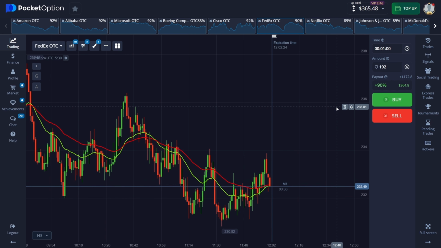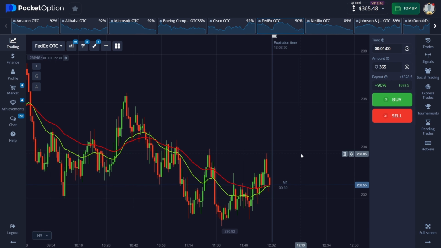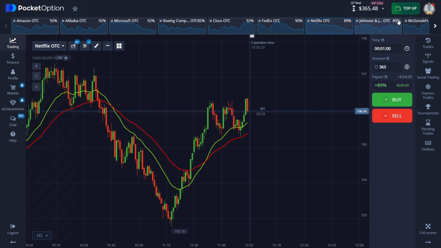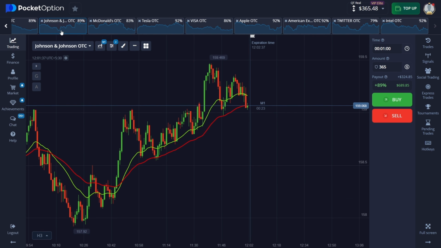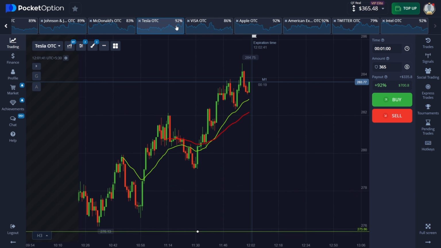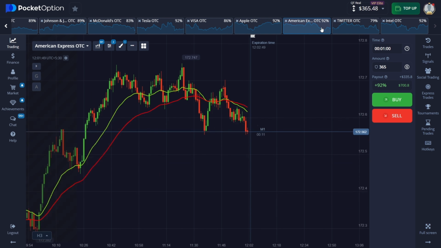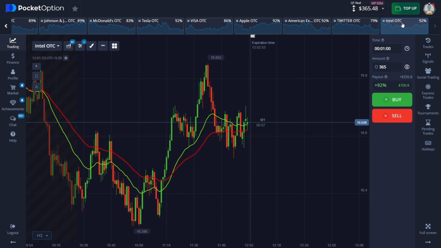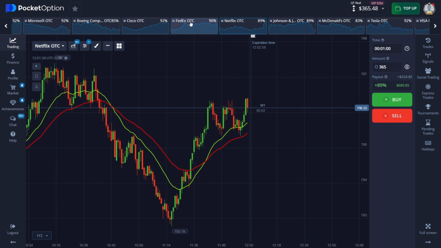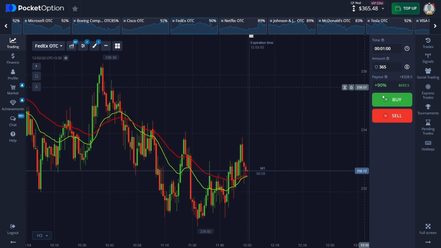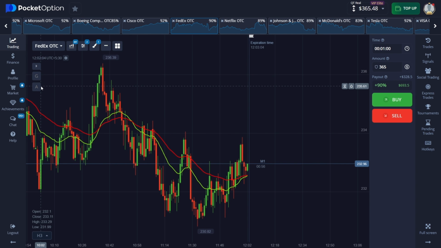So let's find a trade for $365. The candle is taking support exactly from EMA 50 on FedEx, so let's find another trade. Again, we could try FedEx, but the candle has already moved up, so I'll avoid that.